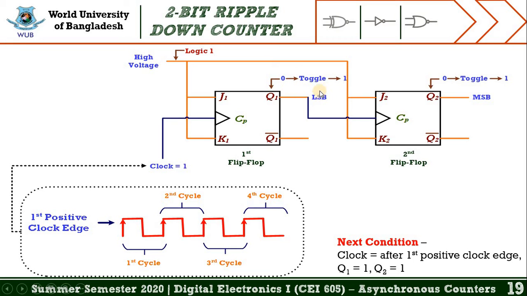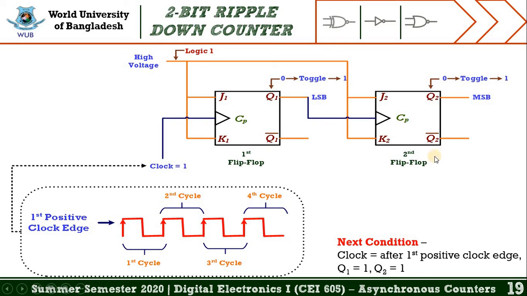Since this type of counter is used for toggle condition, the previous state is 0 and the next state should be toggled, which means previously we got 0 and now we get 1. Since the value of Q1 is equal to 1, the second flip-flop is also activated or triggered. Then we find the value of Q2 is also 1.